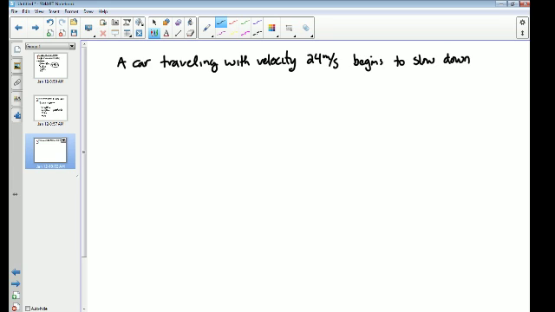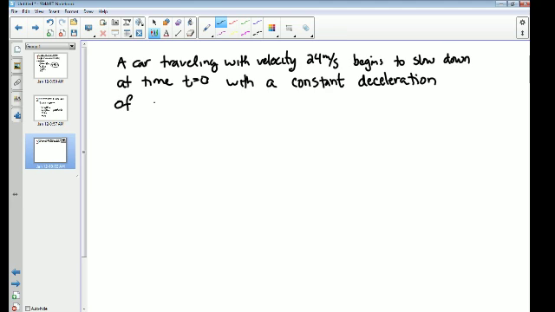It stops on the train tracks at time t equal to 0 with a constant deceleration. There's your problem statement.